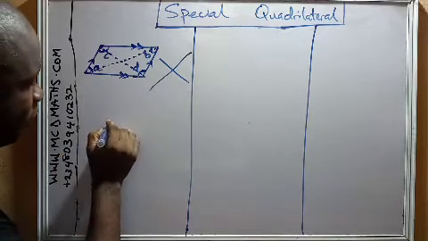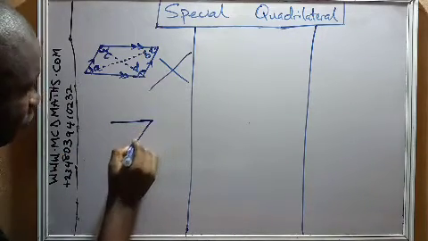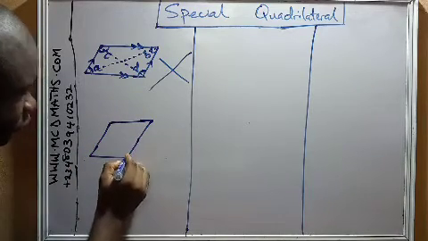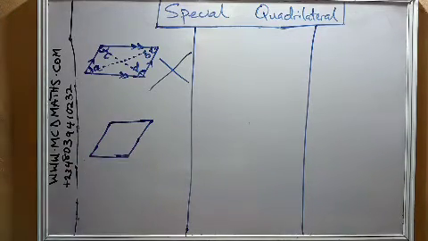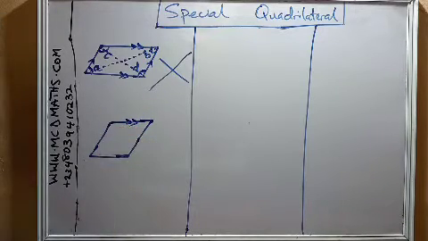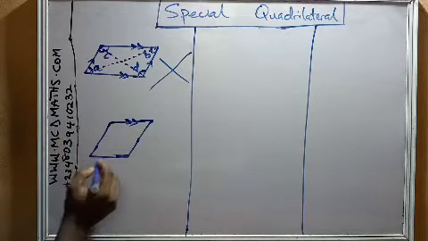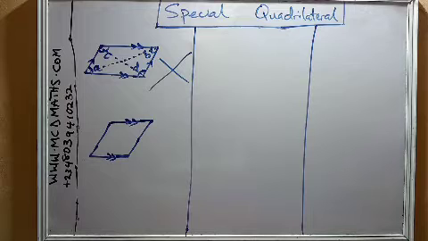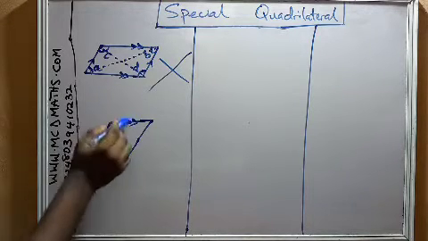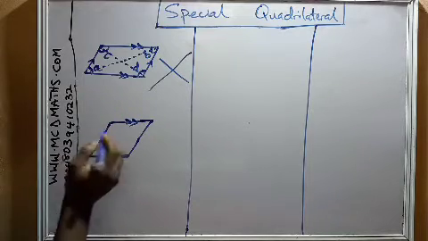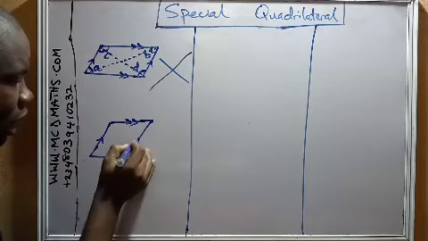Let's talk about the rhombus. Not drawn to scale, so pardon my diagram. This also takes the same properties as the parallelogram. For a rhombus, opposite sides are parallel. So this is parallel to this, and this is also parallel to this.